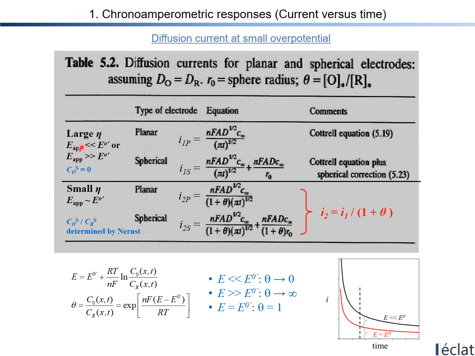For the reduction, E applied is much more negative than the formal potential. Or for oxidation, your applied potential is much more positive than the formal potential. At the surface, you cannot find the oxidized species for the reduction, or you cannot find the reduced species for oxidation. So you have the Cottrell equation for the planar macroelectrode, or for the spherical electrode, you have some spherical correction.